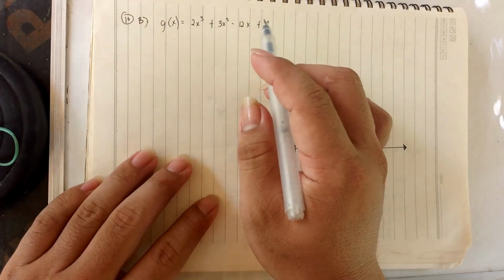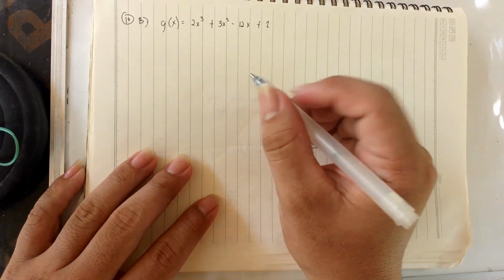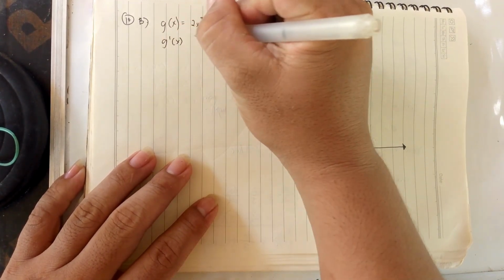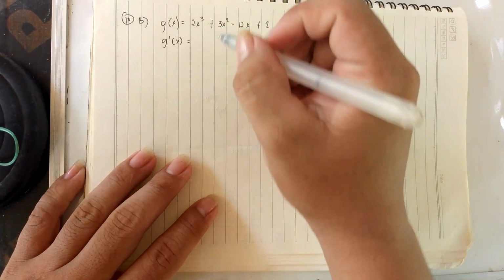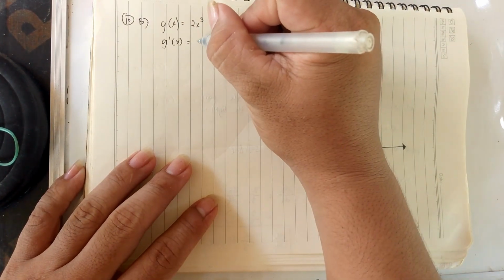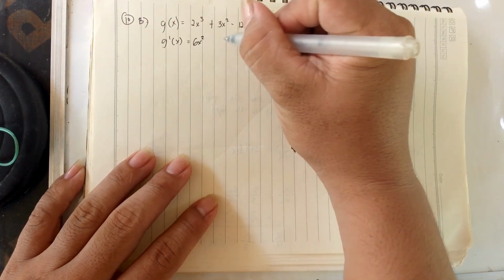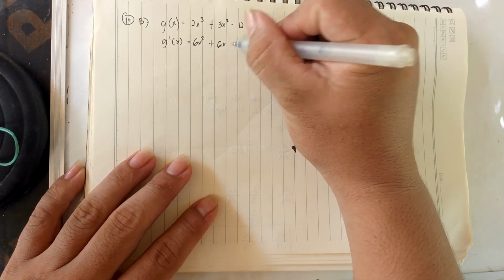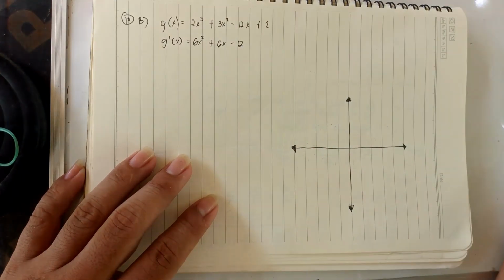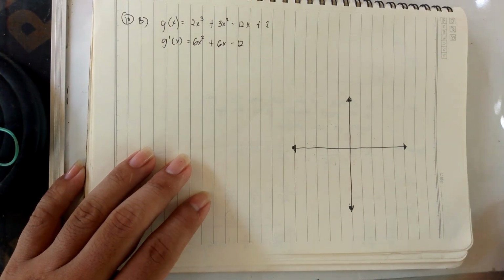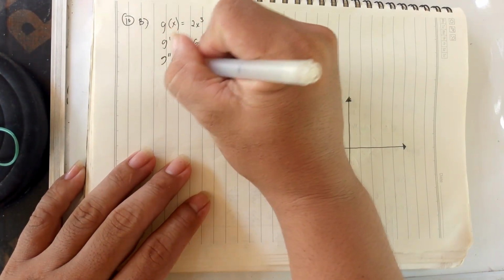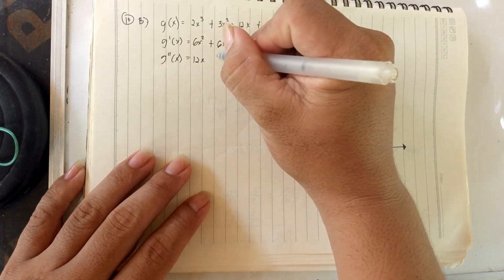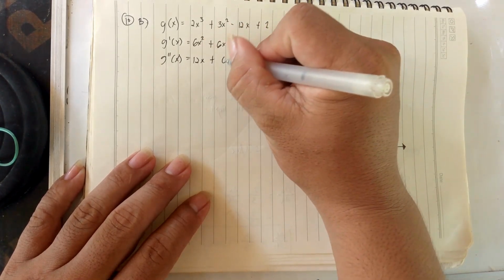So atong first buhaton is we get the derivatives. g prime of x is equal to the derivative of 2x cubed, which is 6x squared plus 6x minus 12. So this will be the first derivative. So the second derivative is equal to 12x plus 6.